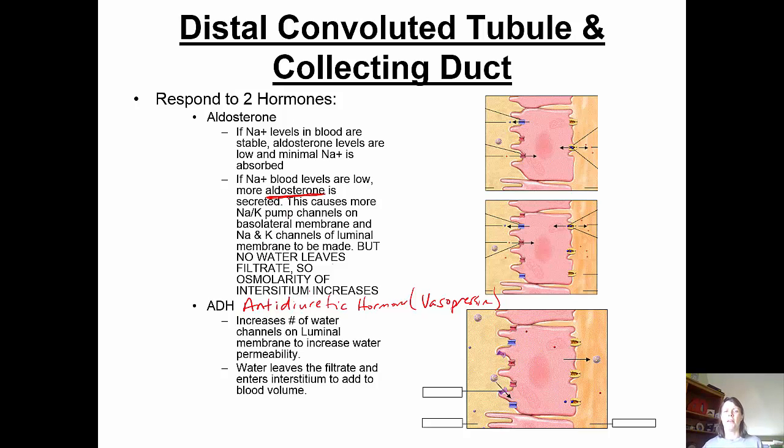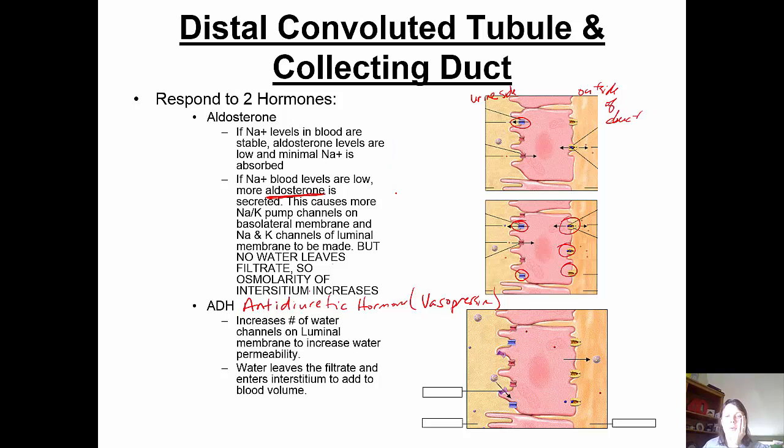And when that is secreted, it is going to cause more of these blue channels to be produced and more of these yellow channels to be produced. These yellow channels on what's called the basolateral membrane. This would be the urine side of the collecting duct, so the inside, and this would be the outside of the duct.